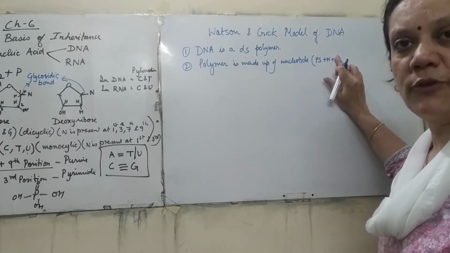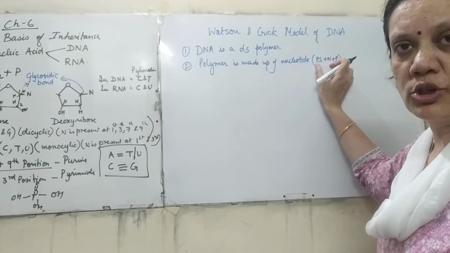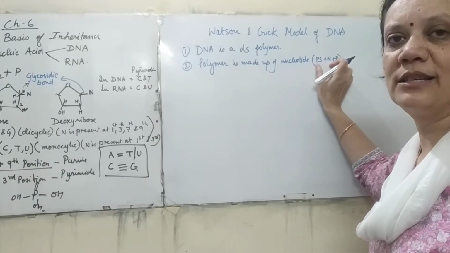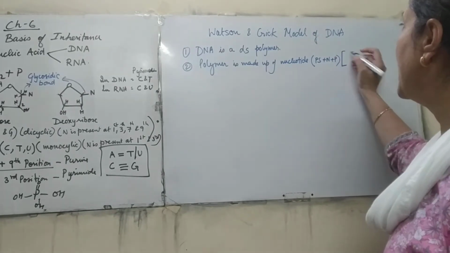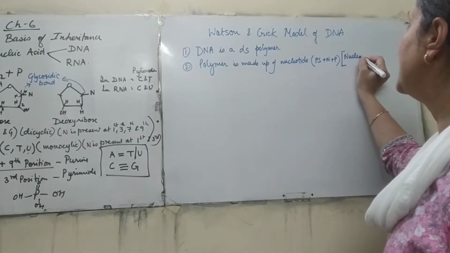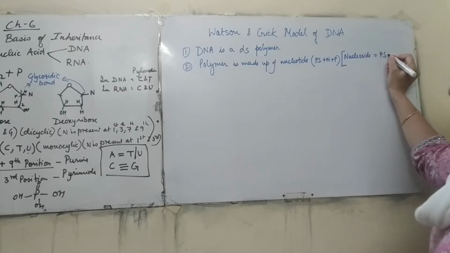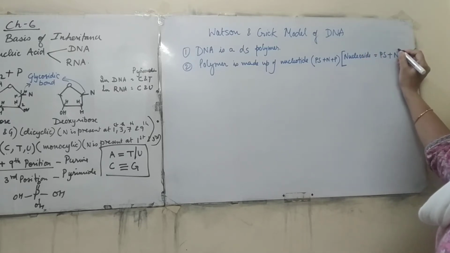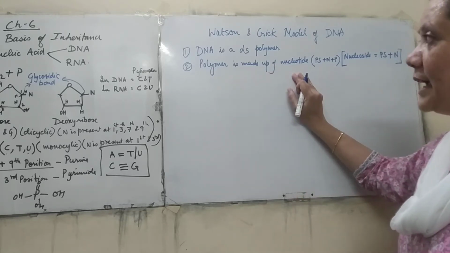Now if you remove the phosphate group, the part that is left, that is pentose sugar and the nitrogenous base, that is known as nucleoside. So here I am mentioning nucleoside. What is nucleoside? Pentose sugar plus your nitrogenous base. The polymer is made up of nucleotide.